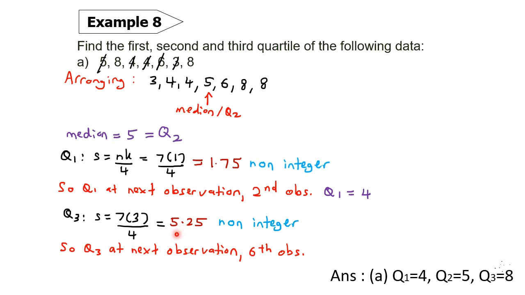Not the nearest, the next observation. Because as you can see, the nearest is 5, right? However, we need to choose the next observation. So after 5.25 would be the 6th observation. So we choose the 6th observation. Look at the set of data here: 1, 2, 3, 4, 5, 6. So the 6th observation here is 8. So our third quartile would be 8. This is a correction here, not the first but the third quartile. Okay, third quartile: 8.